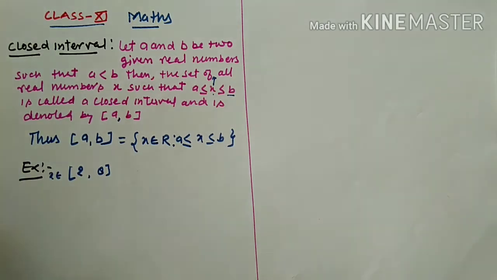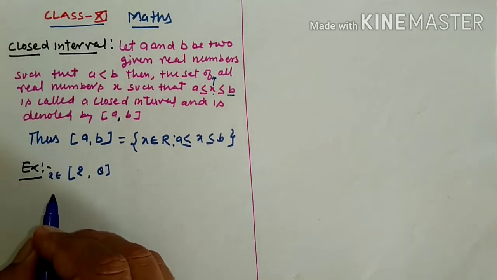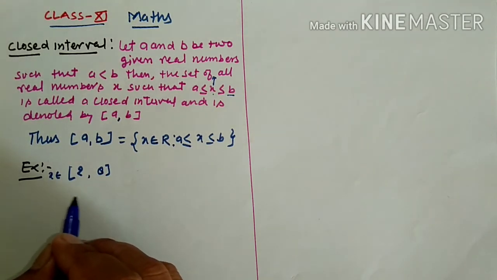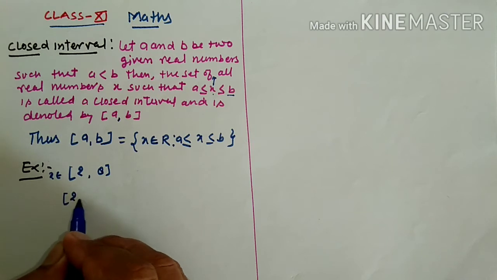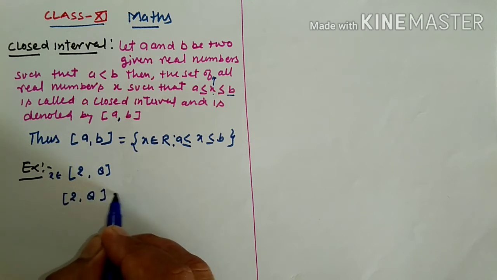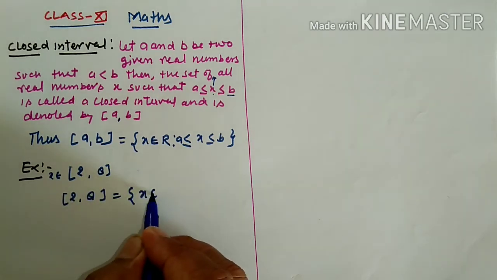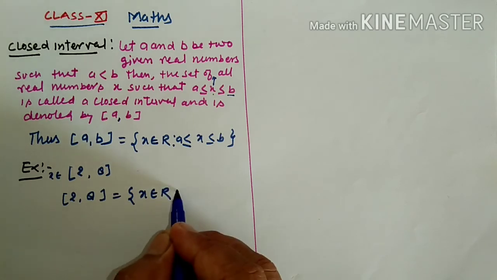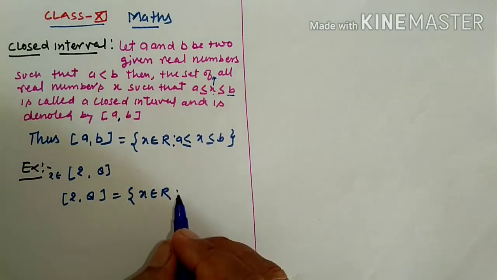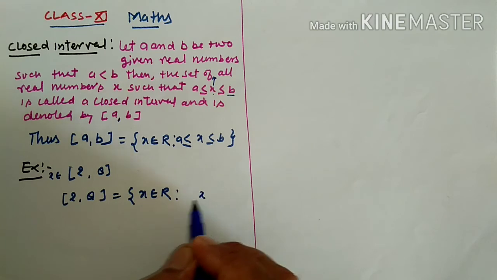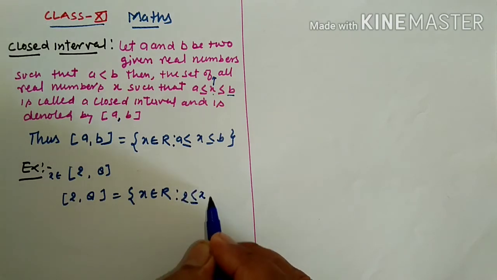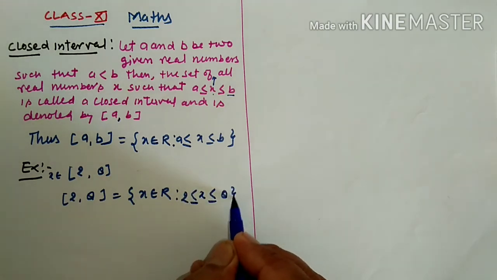X belongs to 2, 8. So how we write it as? So 2, 8 we can write it as X belongs to the set of real number such that X is greater than equal to 2 but less than equal to 8.